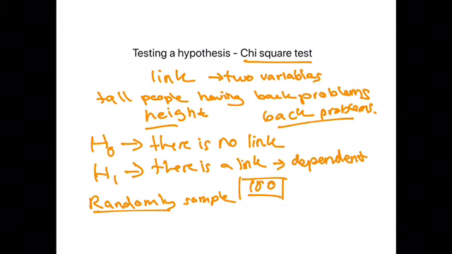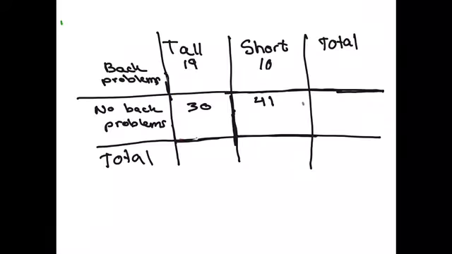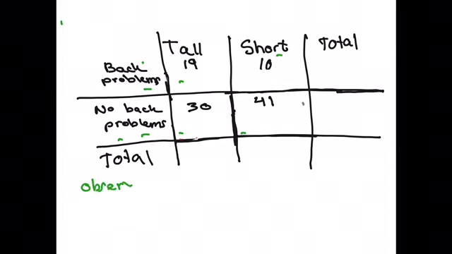With that information, we make a table. Here is our table, and we have calculated how many tall people with back problems there were, how many short people with back problems, how many tall people with no back problems, and how many short people with no back problems.